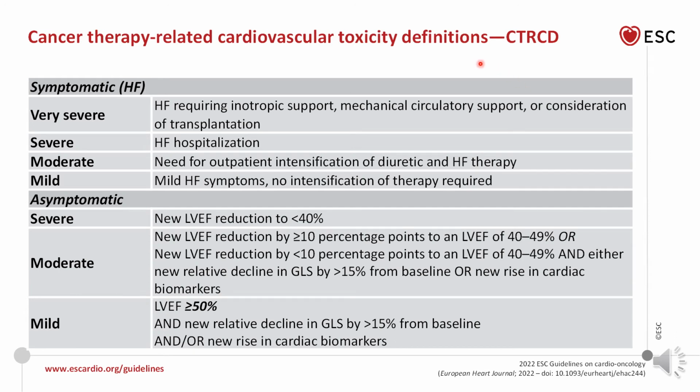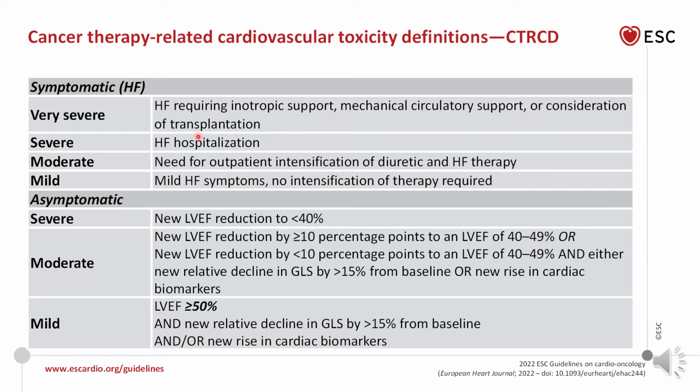So the cardiotoxicity related to anthracycline, as we said, which is called chemotherapy-related cardiac dysfunction, is divided into two groups: symptomatic heart failure and asymptomatic heart failure. And symptomatic heart failure is subdivided into grades. Very severe, that means our patient is in hemodynamic instability and needs inotropic support or mechanical support.